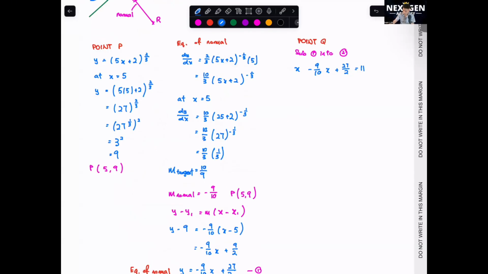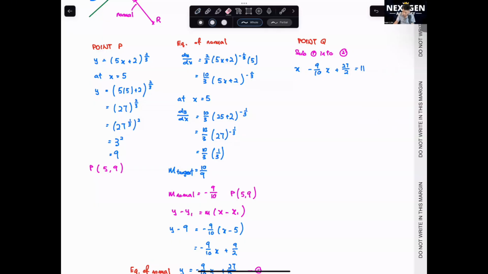Let's see what's the easiest way to do this question. I would multiply it by 10 because I want to get rid of all the denominators.